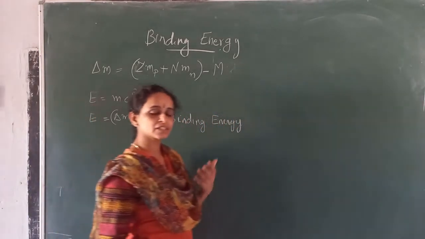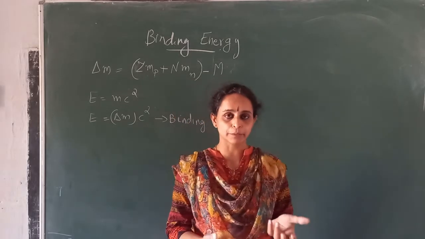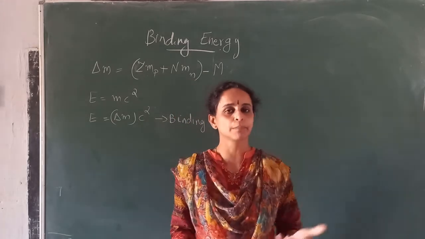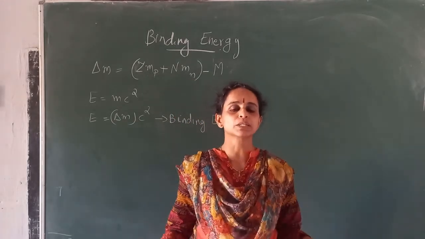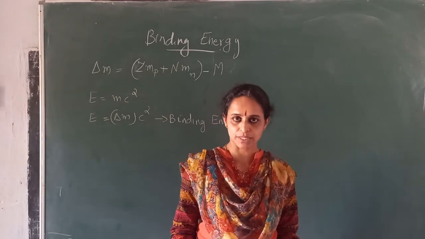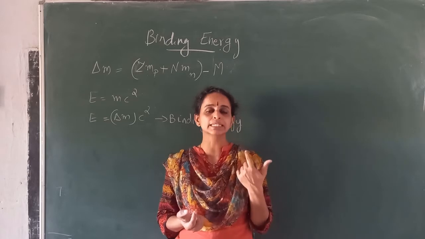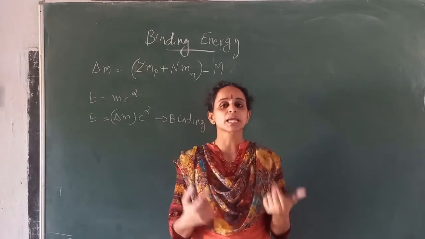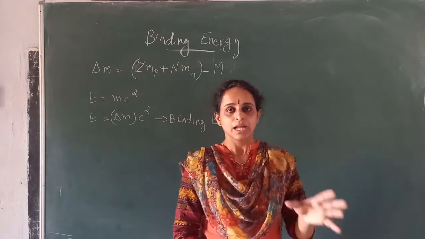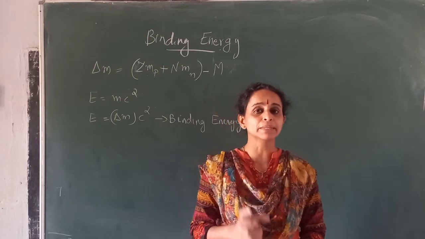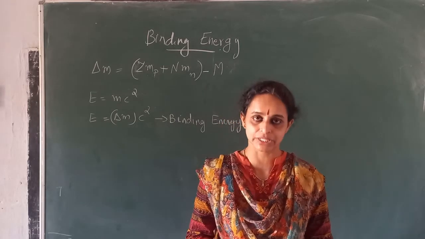If the binding energy of the nucleus is small, we have to supply only a small amount of energy to split the nucleus into protons and neutrons. If the binding energy is more, the more stable the nucleus is. And it actually measures the stability against disintegration.